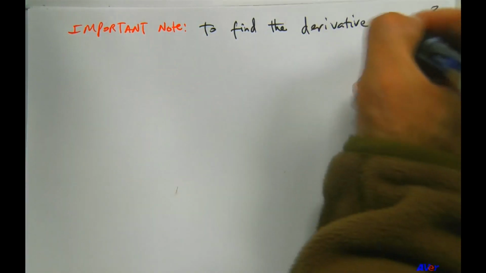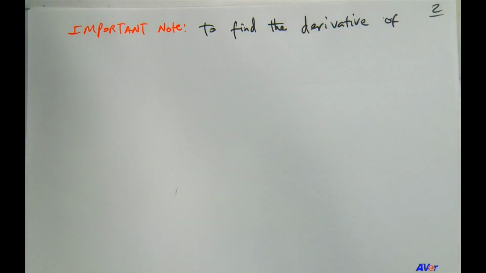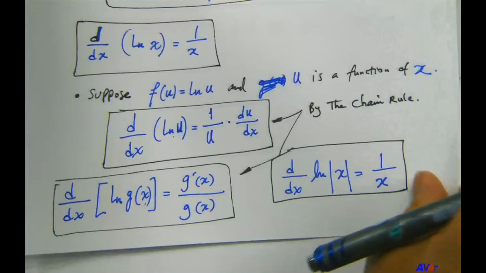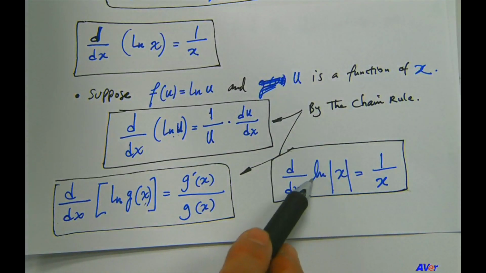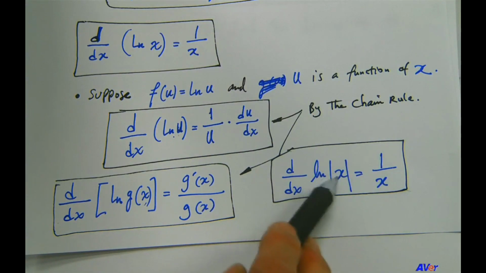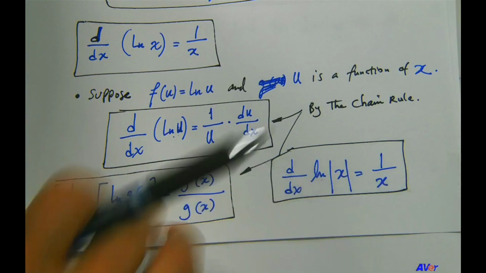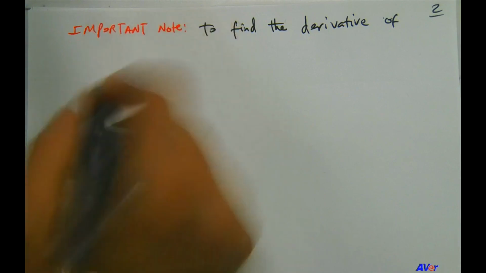To find the derivative of just an absolute value function, we're not talking about this one, which combines the absolute value with the natural log function. So 1 over whatever is inside the absolute value. Of course, the chain rule applies there too.